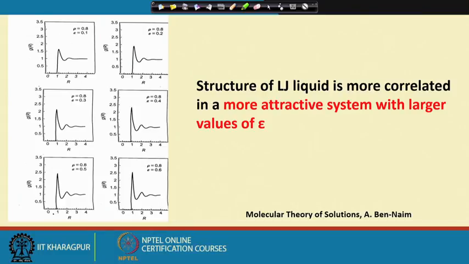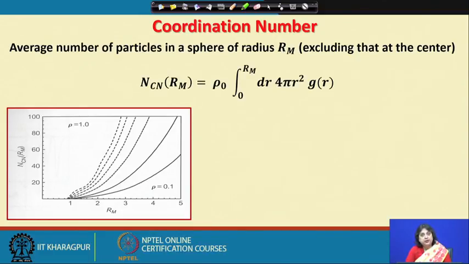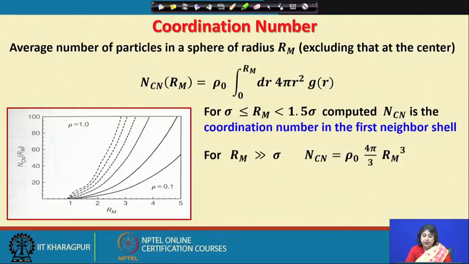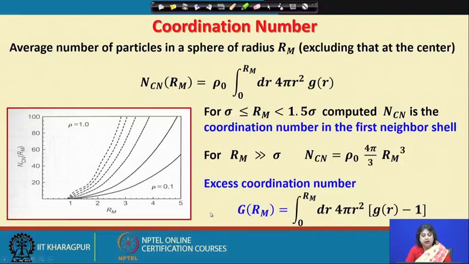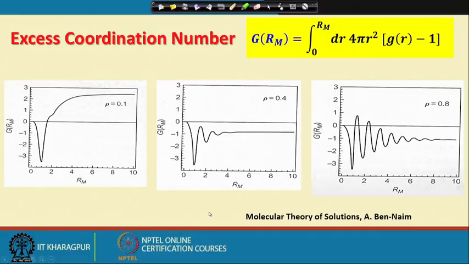And finally, I can also find out the coordination number from g of r. And from the concept of g of r, one can very easily find out whether you have a buildup of neighboring particles around a central particle, or a buildup or lowering of the number of particles on an average around a tagged particle.